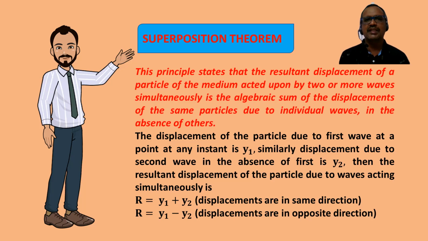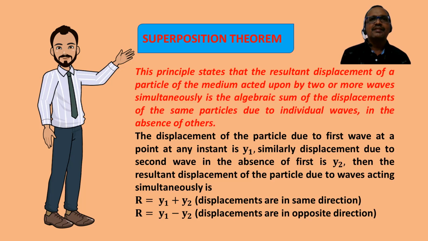Because displacement is a vector, if the first wave lifts the particle in upward direction and the second wave also lifts the particle upward, then the resultant displacement is y1 plus y2. If the displacement due to the second wave is in downward direction, then the resultant displacement will be y1 minus y2.